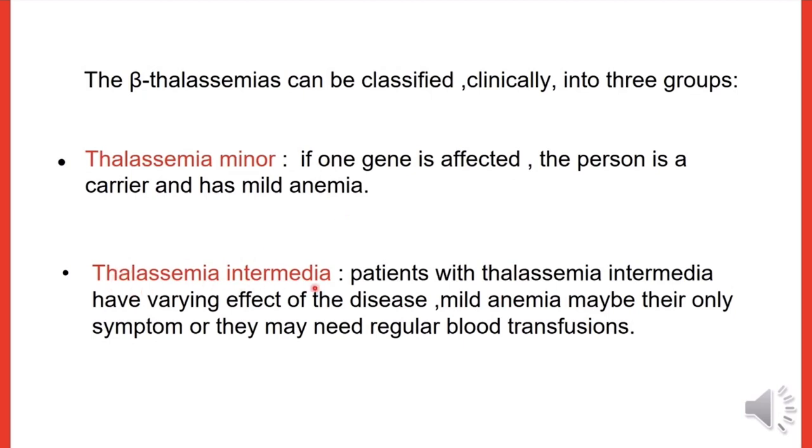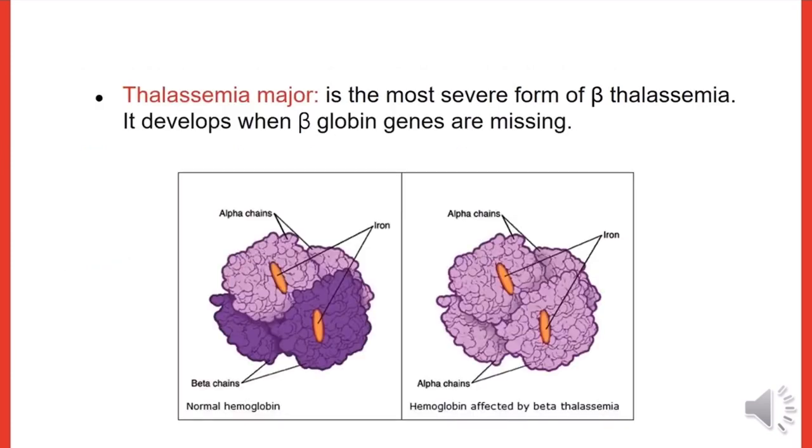Thalassemia intermedia: patients with thalassemia intermedia have varying effects of the disease. Mild anemia may be their only symptom, or they may need regular blood transfusions. Thalassemia major is the most severe form of beta thalassemia, and it develops when the beta globin genes are missing.